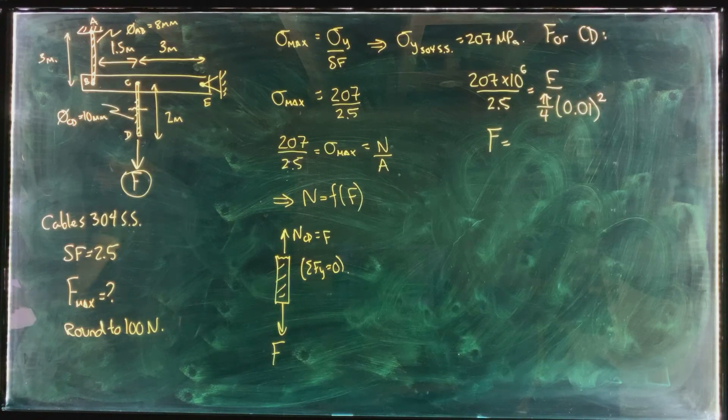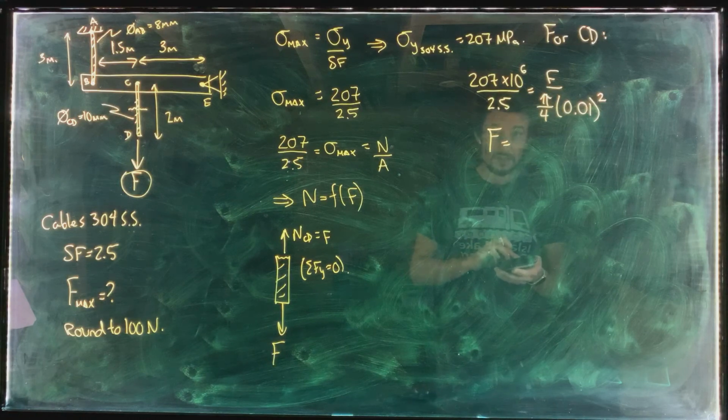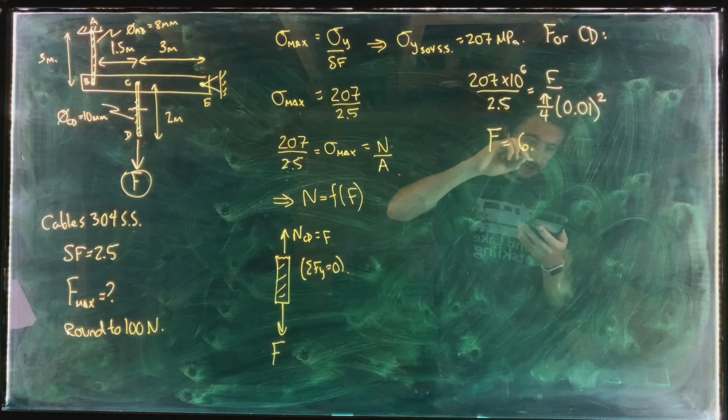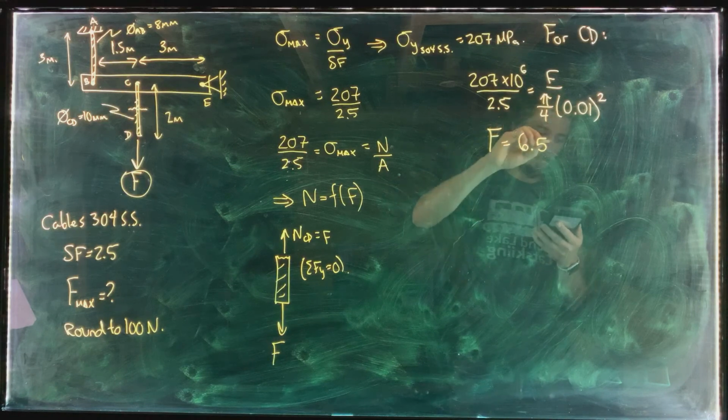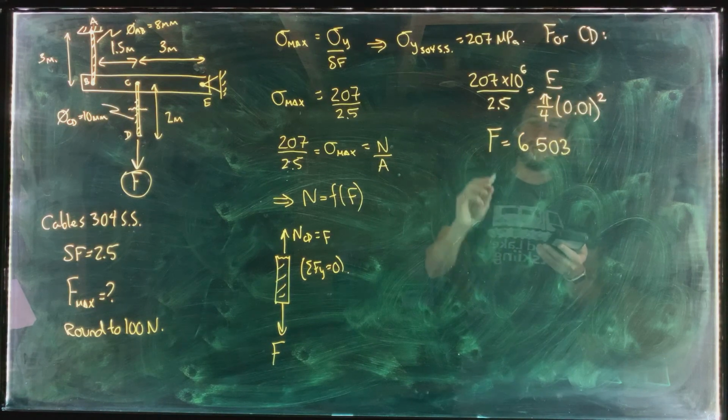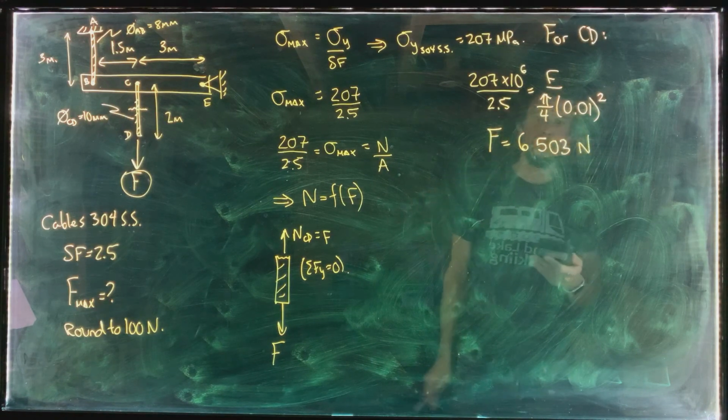Now that is not a value I actually solved for when I did the problem, so we'll just quickly do it. So I've got 207 times 10 to the 6 divided by 2.5 times pi divided by 4 multiplied by 0.01 squared gives us 6,503, and this is in units of newtons.